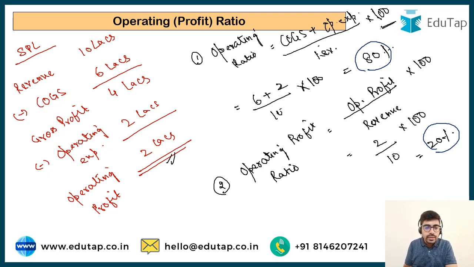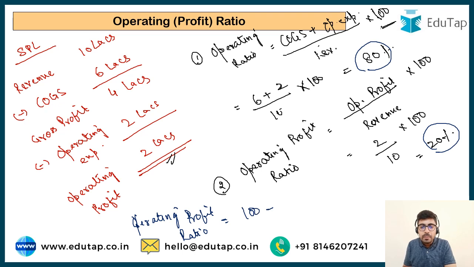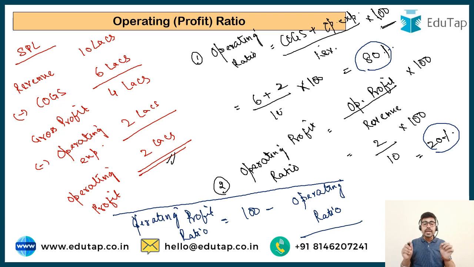I can totally say that the operating profit ratio is 100 minus operating ratio. Pardon my handwriting. So this is a very important conclusion that can be drawn.